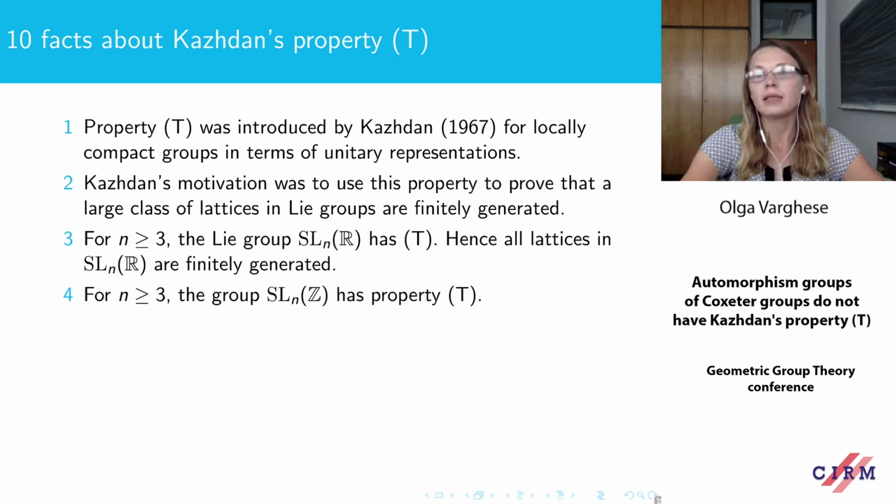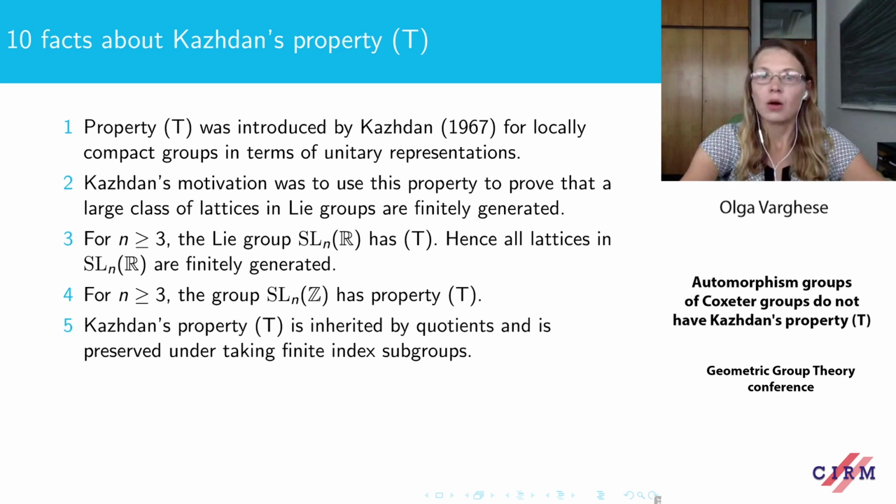SL_N(Z) is a lattice in SL_N(R), hence has T. Kazhdan's property T is inherited by quotients and is preserved under taking finite index subgroups.